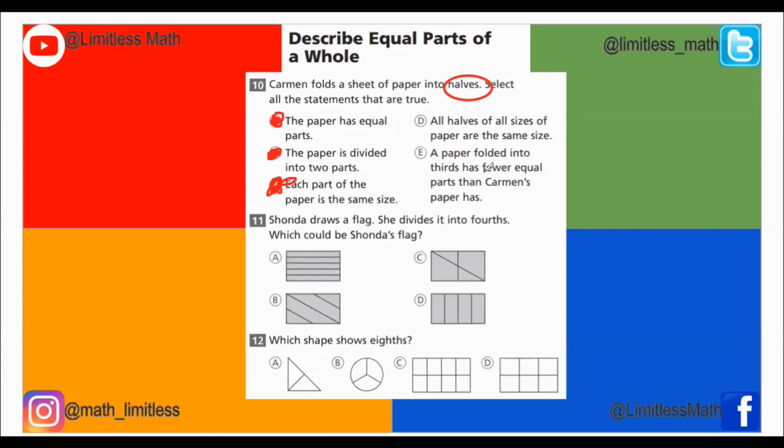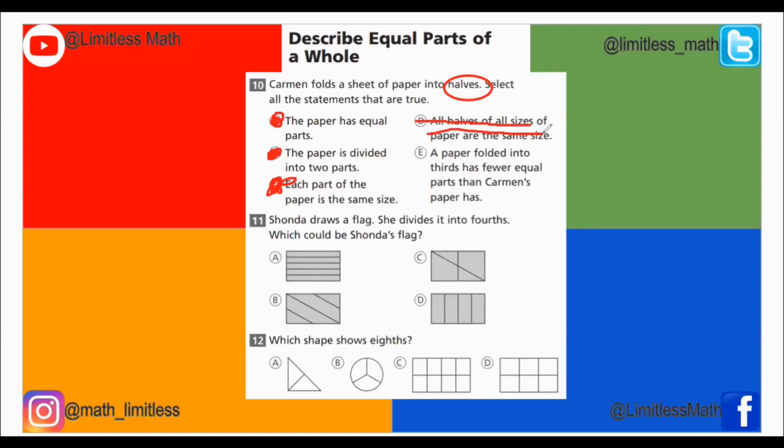D, all halves of all sizes of paper are the same size. That sounds like they're saying if I take a sticky note and fold it in half, that its half would be the same size as if I took a postcard and folded it in half. That's not true. All halves are not the same size for all sizes of paper.